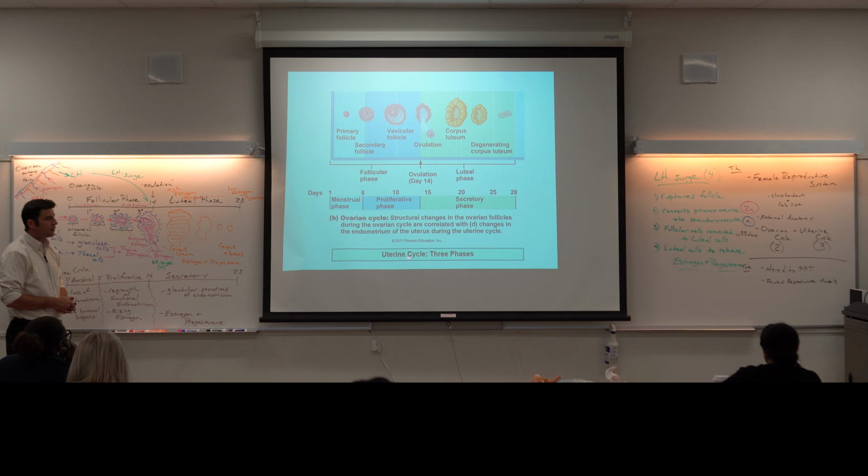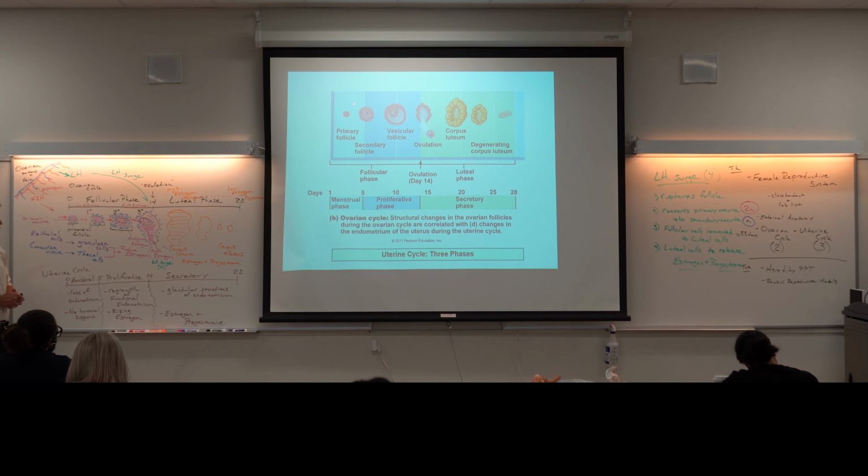For the next few slides, we look at how what we just mentioned in the ovary dictates what happens in the uterus. So there are our three phases of the uterine cycle. In the menstrual phase, there are no measurable levels of estrogen coming from the ovary. In the proliferative phase, from day 5 to about day 14, we've got rising levels of estrogen. So we know estrogen is going to allow the regrowth of that endometrium.